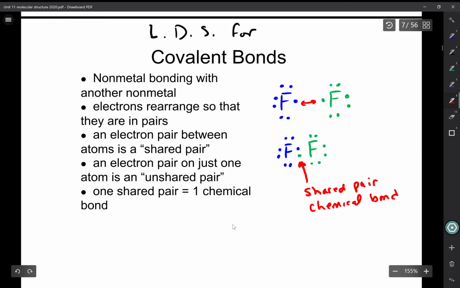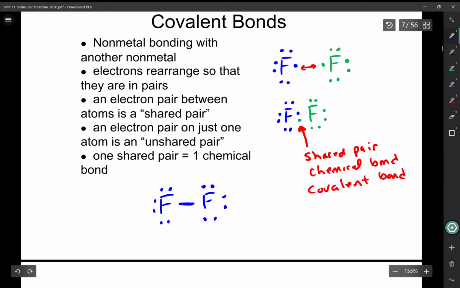or can also be called a covalent bond. And another way to write it, something you've probably seen before, is, here's our 2 fluorines, we'll write our 6 unshared electrons on each side, and we will draw a line there.